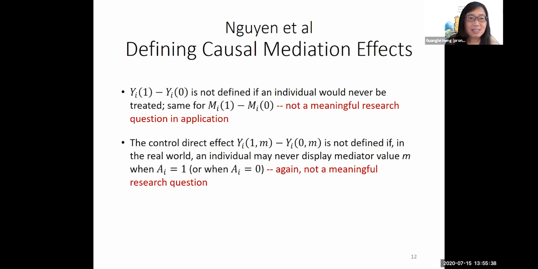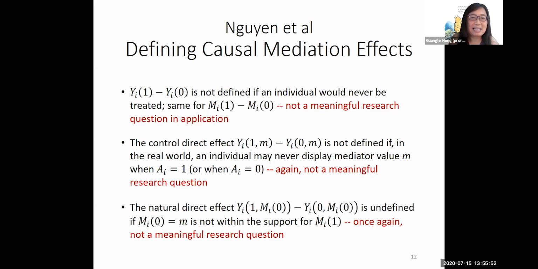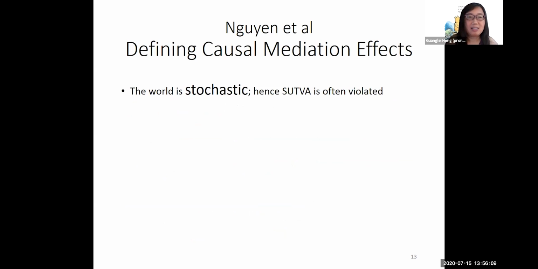So similarly, the controlled direct effect is not defined if in the real world an individual would never display mediator value M. Say M is compliance, right? So this is not defined for compliers. Lastly, the natural direct effect is not defined if M0 equals M is not within the support of the potential mediator under the treated condition. So those are the issues.